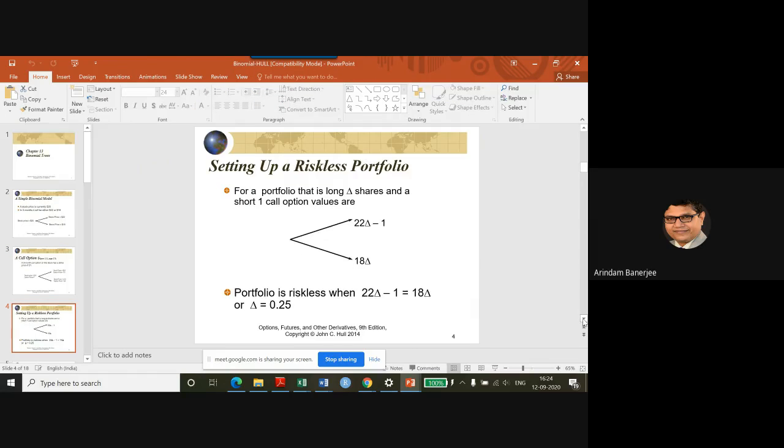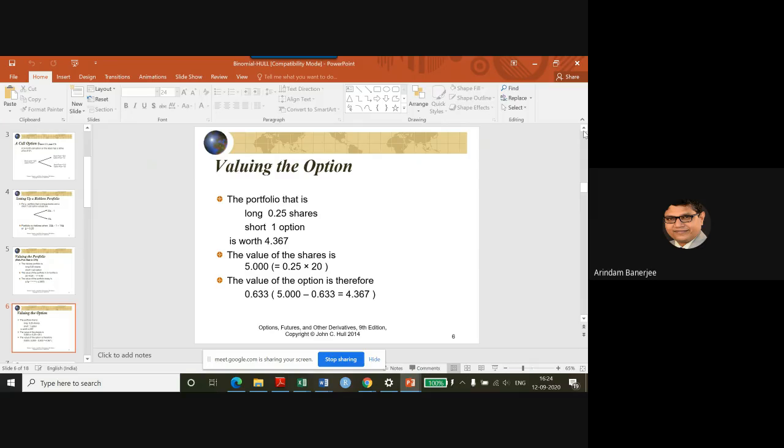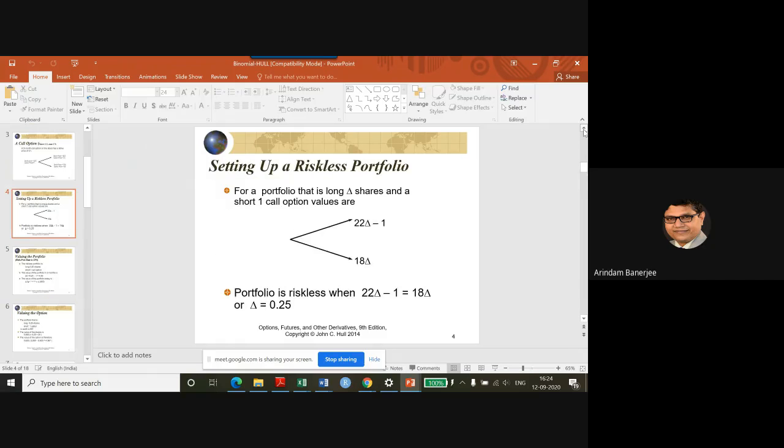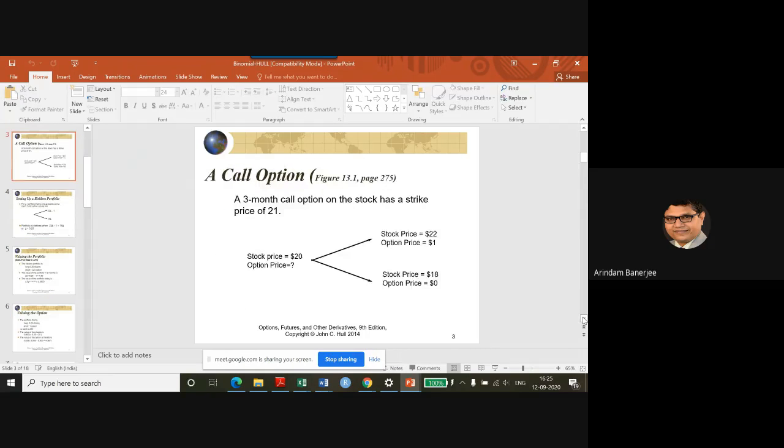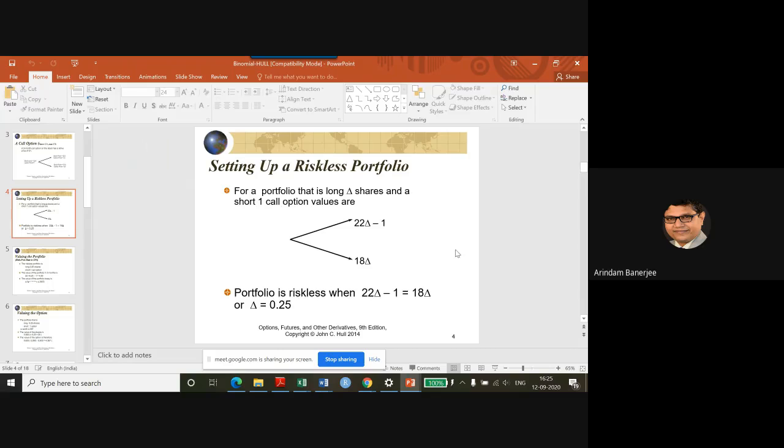Now what I am doing is creating a replicating portfolio. This portfolio contains long delta shares and a short 1 call option.